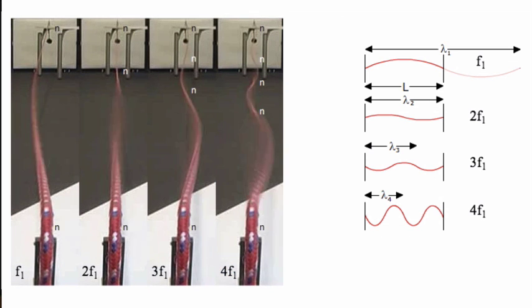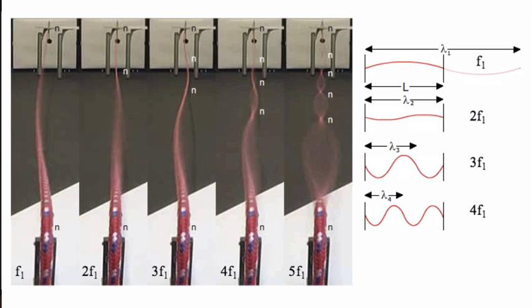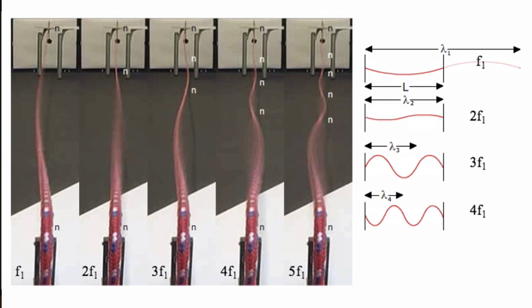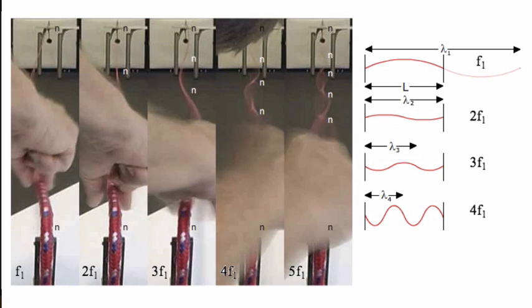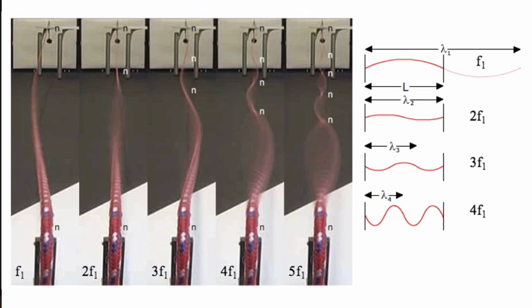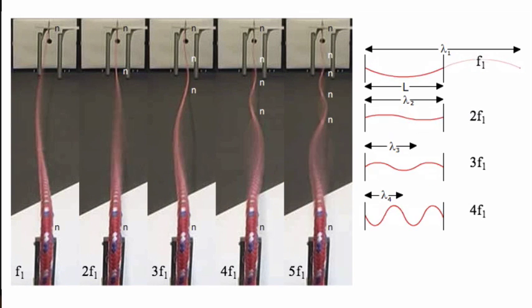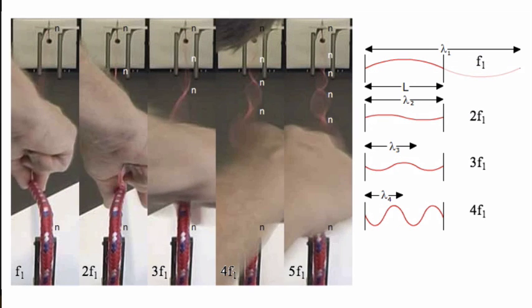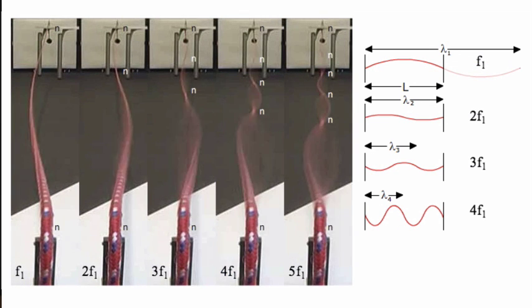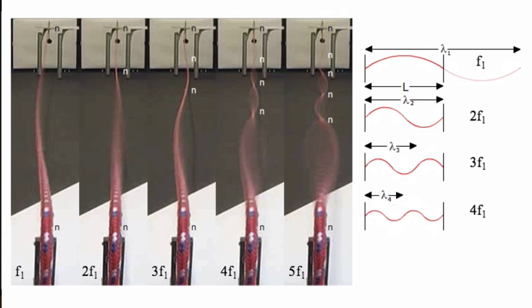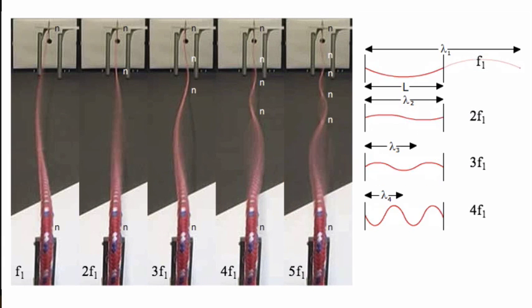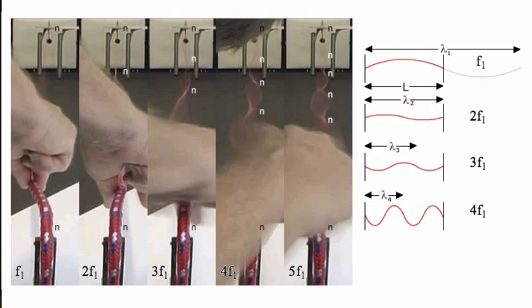All of these standing waves are what we call resonances of the string. A resonance is the capacity of some system to store energy at a particular frequency. This string can store mechanical energy at a frequency F1, or at 2F1, or at 3F1, 4F1, and so forth.